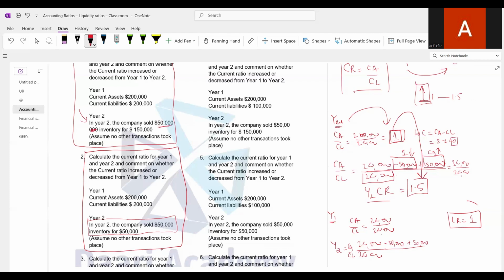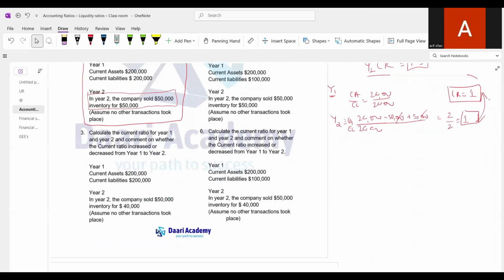Minus 50,000 and plus 50,000, so they cancel. Finally, 200,000 by 200,000, again 1. So in year 2 the current ratio and in year 1 the current ratio are both the same. Unchanged, no change is the right answer. Okay, now you tell me what will happen in question number 3.